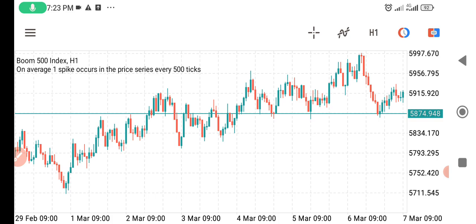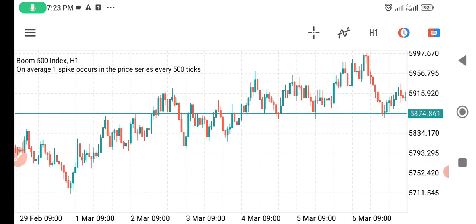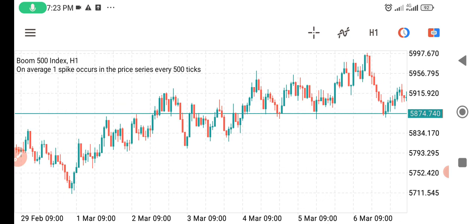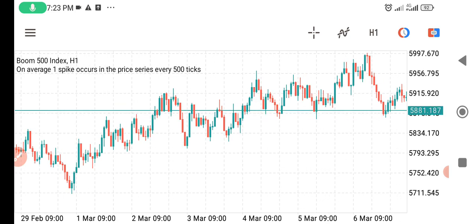So today we want to look at how to make our entry and our exit. Remember, regardless of the method of trading you are using, it all boils down to the same thing. The essence is for you to make money.